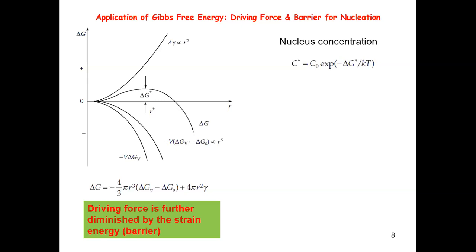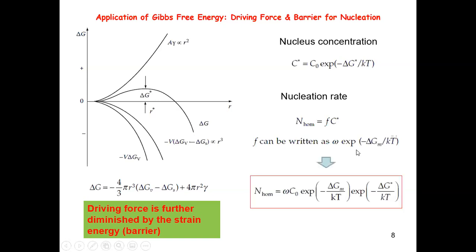Then the homogeneous nucleation rate is the product of the nucleus concentration and f, the rate of atoms added to an existing nucleus per unit time. This can be written as omega times another Boltzmann factor, where omega is the vibration frequency of the atom, and the exponential is characterized by a barrier to adding an atom to the existing nucleus. But anyway, this is the same as we had before.